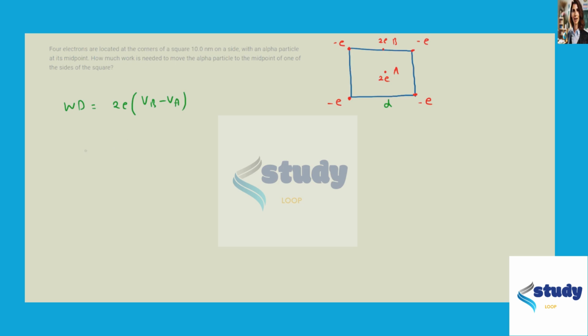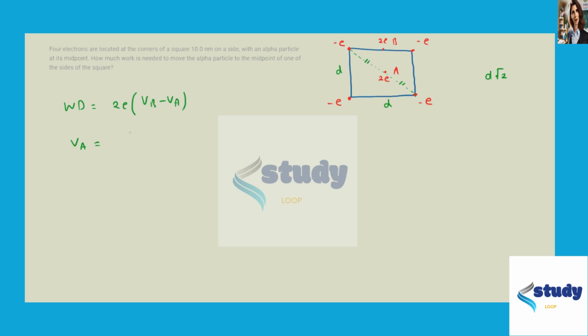Now let's find the potential at all the points. So at VA, the potential is due to all the four electrons, and that's going to be identical. So we just need to find this distance, and this is nothing but half the diagonal of the square, which is d root 2 over 2.